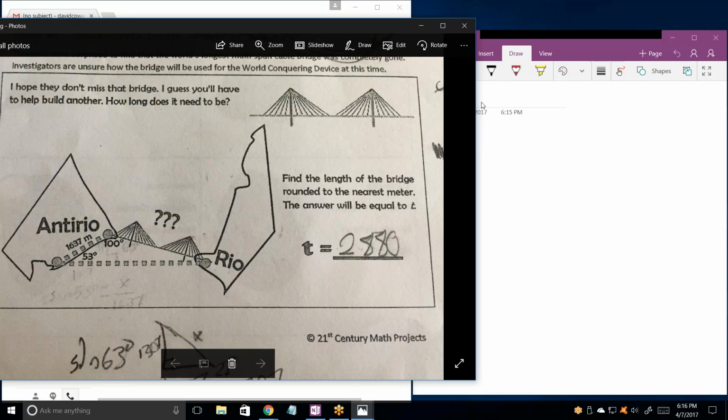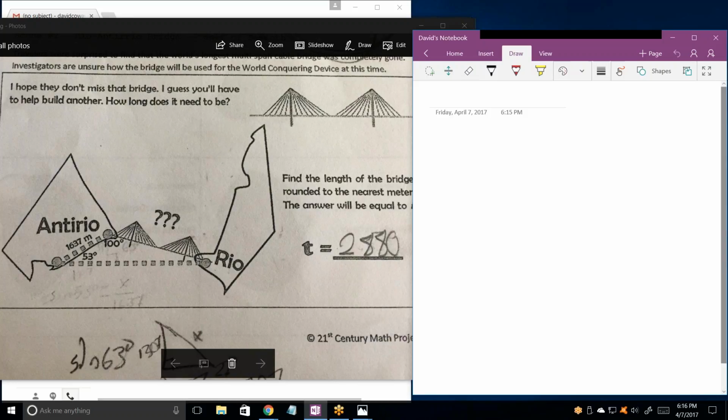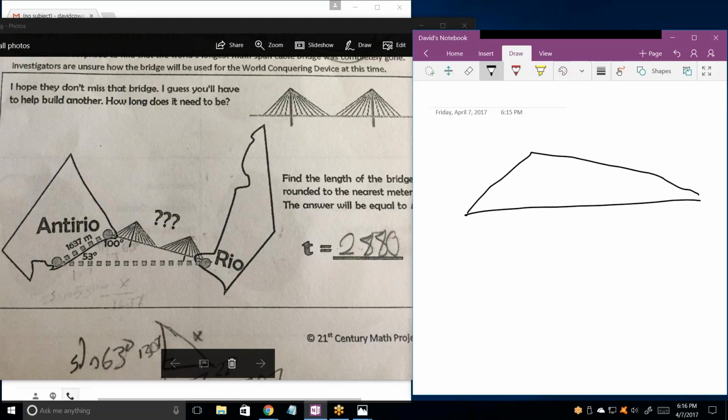All right. Well, let's draw a picture. Okay. I can see the triangle they're talking about. It's this one. And that's 100 degrees. And that's 53 degrees. That makes that 27 degrees.